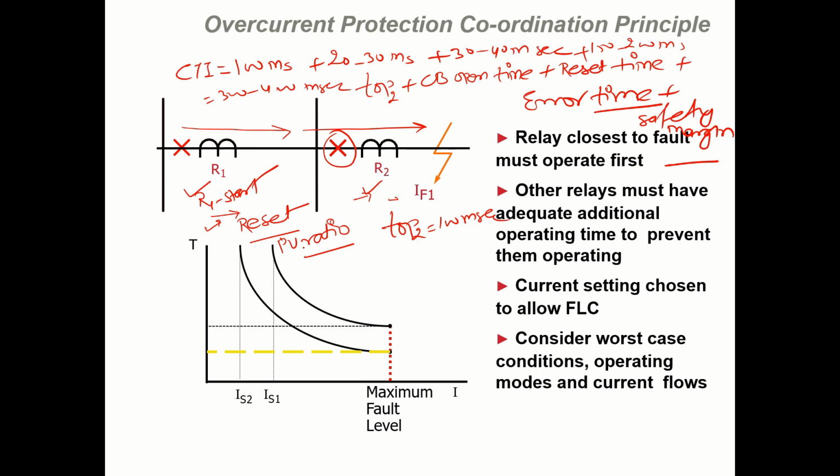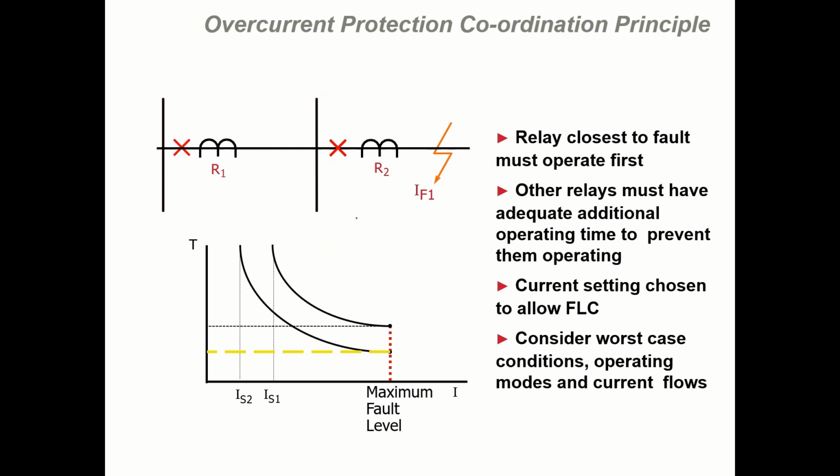That means if you are going to coordinate these two relays, and the characteristic of this relay is SI with a time of operation of 0.1 second, then this relay's characteristic will be SI and the time of operation will be 0.4 second. That is one thing.